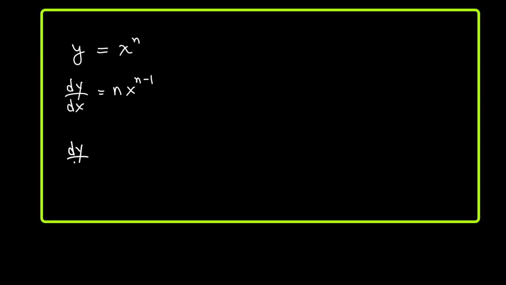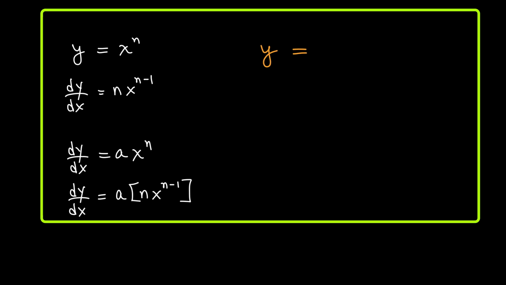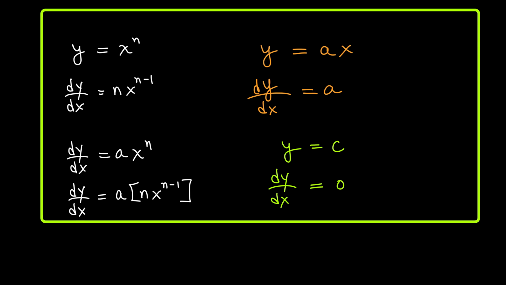Second rule: y is a constant multiplying a variable raised to a power, dy by dx equals a remains as it is, nx^(n-1). Third rule: y equals ax, therefore dy by dx is simply a. And the fourth rule is y equals c, therefore dy by dx equals 0.